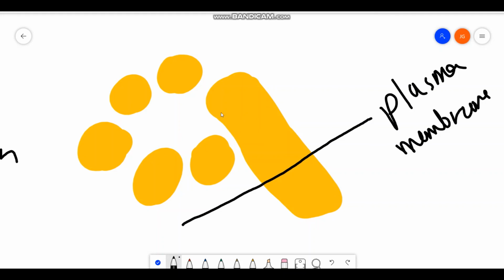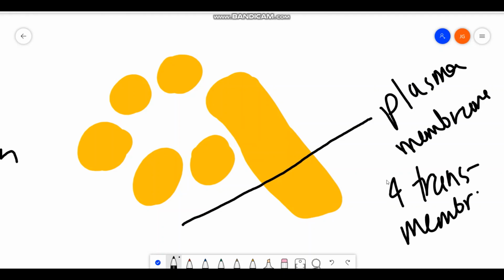Remember that proteins are going to be made up of chains of polypeptides. So actually what's going to happen here is connexin is a protein with 4 transmembrane domains.